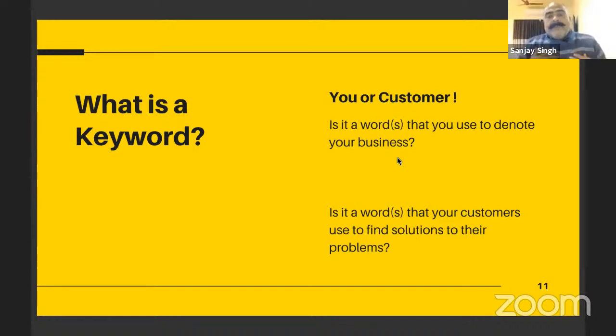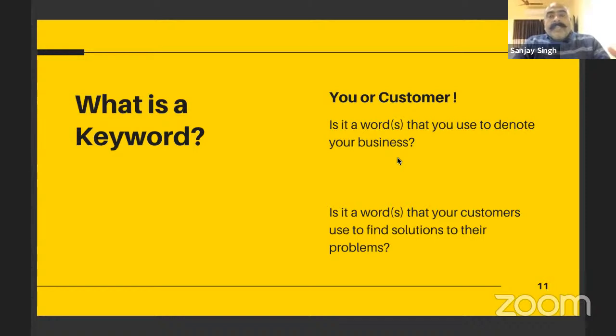So if I'm a sales coach, when my customers come on the internet and look for a sales coach, what keywords do they type on the search engine? If they type sales coach, then fine. If they type business performance coach, then business performance coach becomes my keyword.